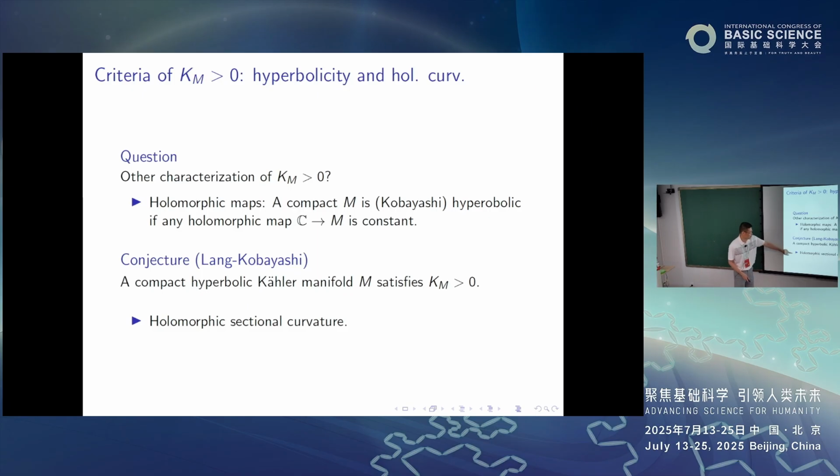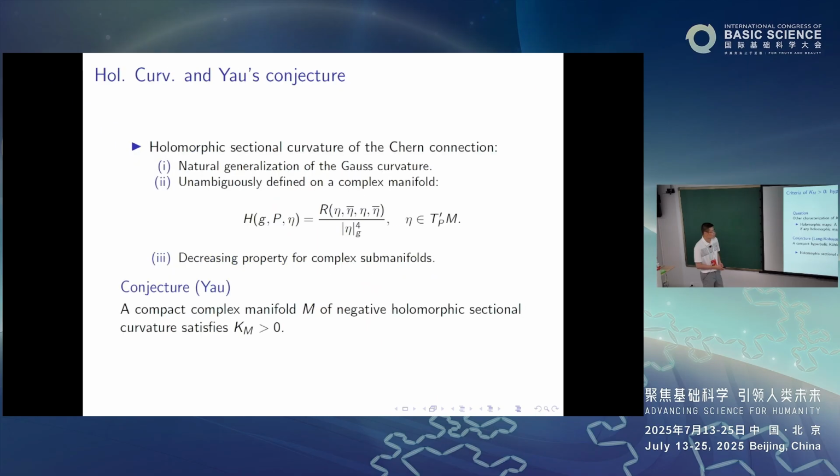The next criterion is holomorphic sectional curvature. What is holomorphic sectional curvature? This is a natural generalization of Gauss curvature. Geometrically, you have a complex manifold.